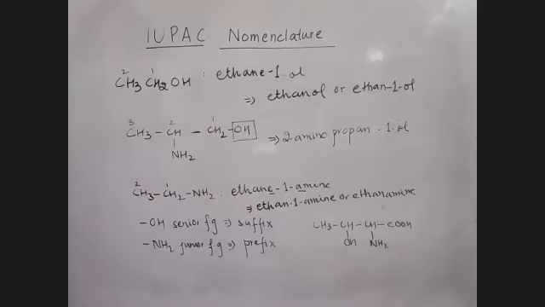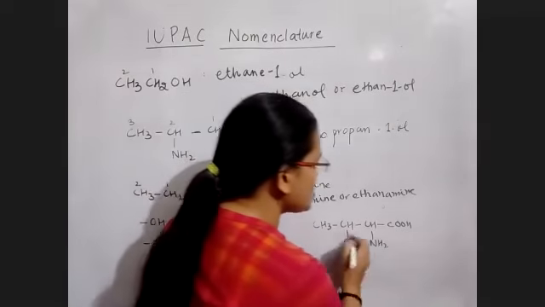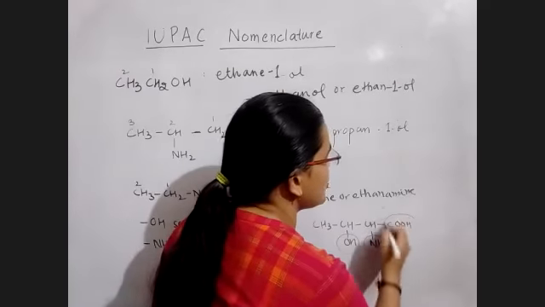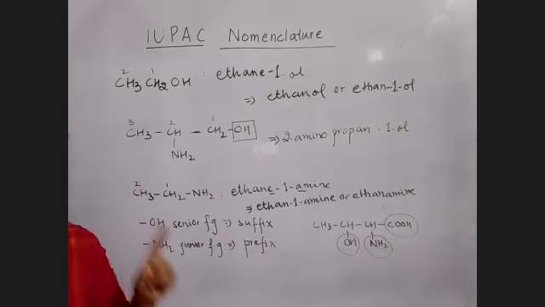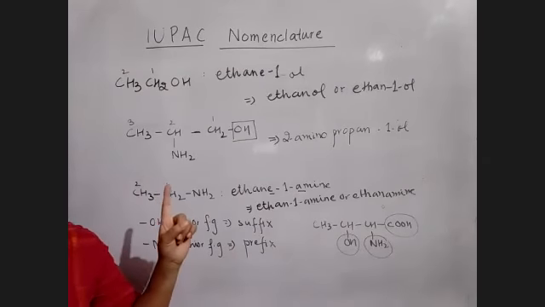It contains 3 functional groups: OH, NH2 and COOH. Which one is senior? Remember, in an office only one is the boss, and the remaining will be employees. Similarly in this, one will be the senior and all the remaining will be junior.